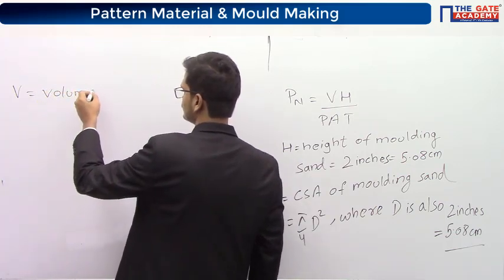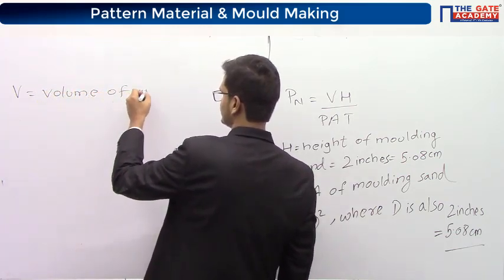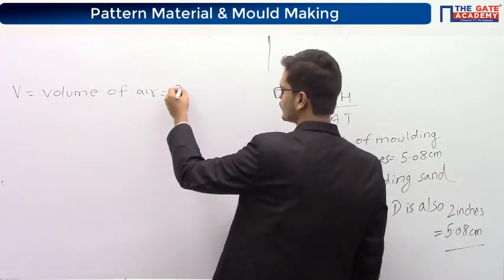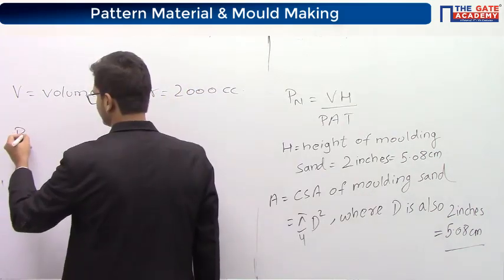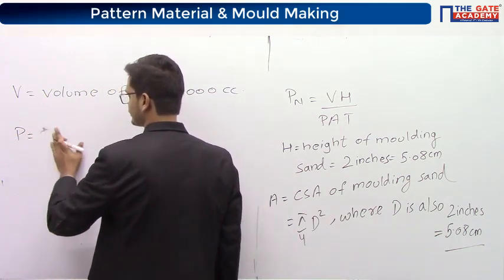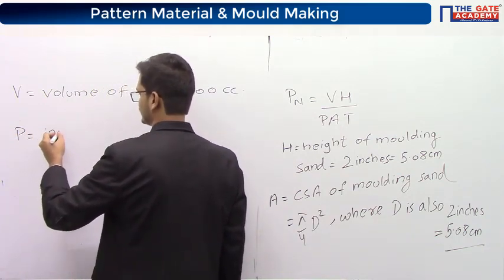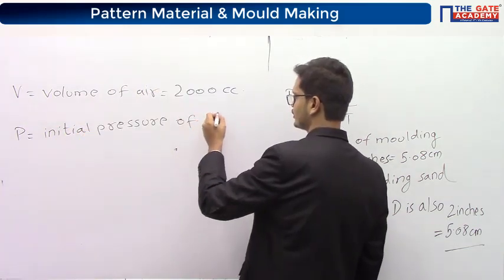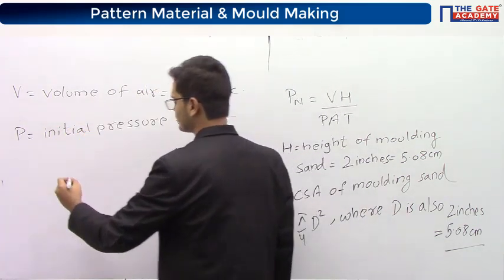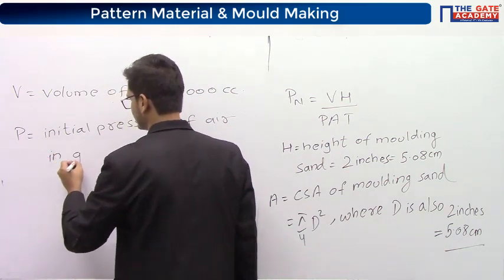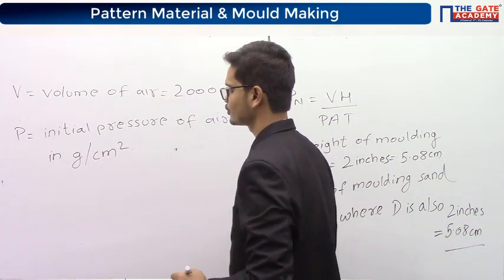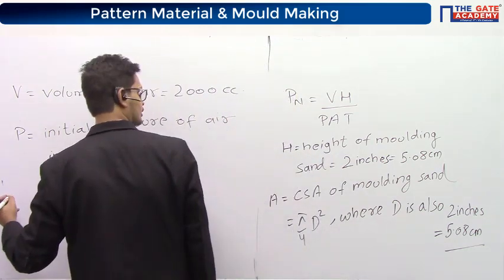V is the volume of air. It is generally 2000 cc. P is the initial pressure of air in gram per centimeter square.